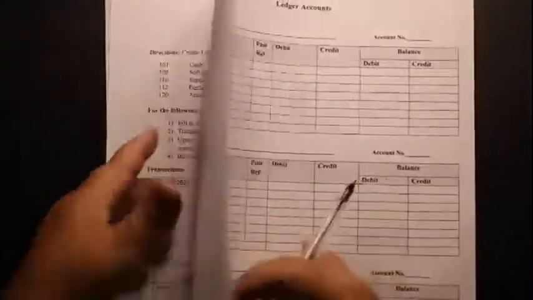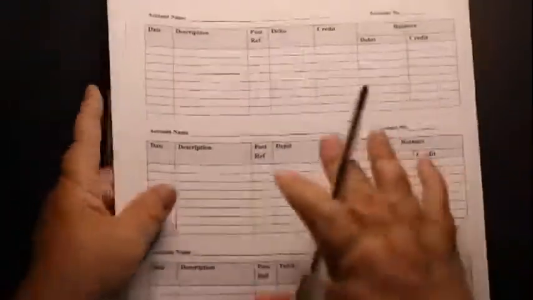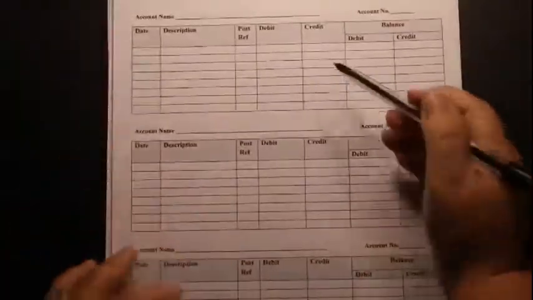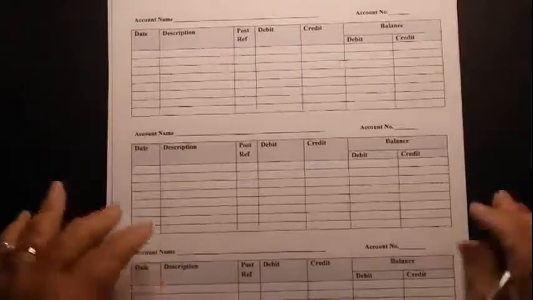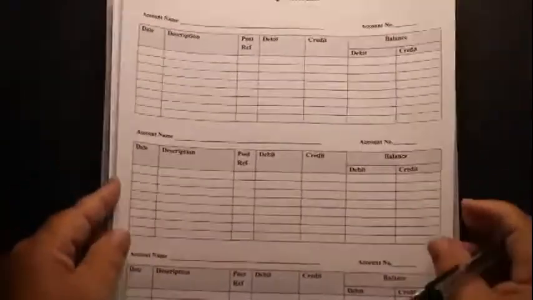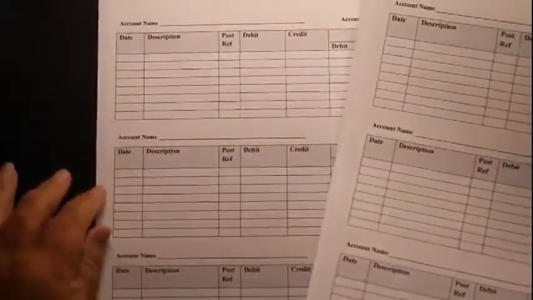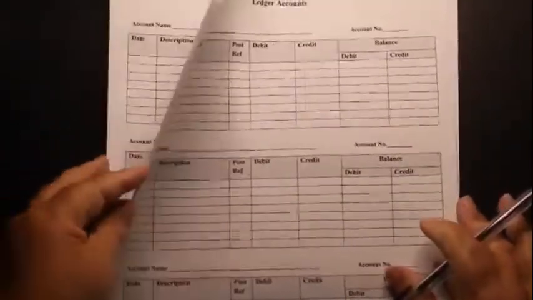If you count the accounts, remember we had 10 accounts here. Each page has 3, and 3 times 3 is 9, so we'll need an extra one, 9 plus 1 is 10. So you'll need about 4.